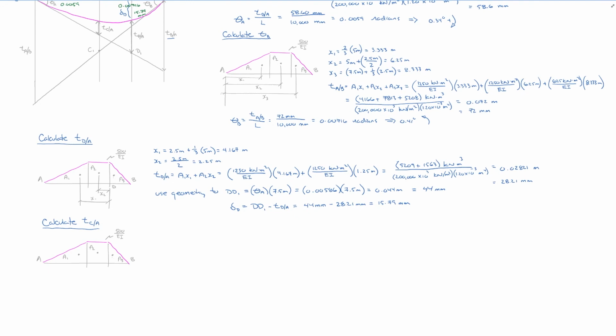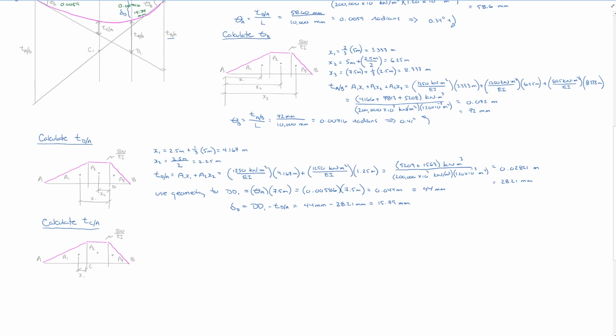So I'm just going to label up my diagram. So we're interested in point C, which is here. And we're doing it relative to A, so looking between A and C, so we only have one area to concern ourselves with, which gives us one distance. So that's that distance in here. We'll call that x1.